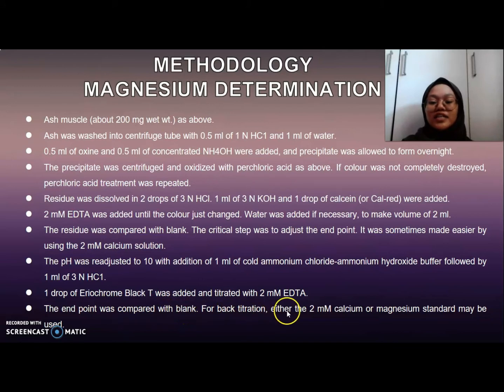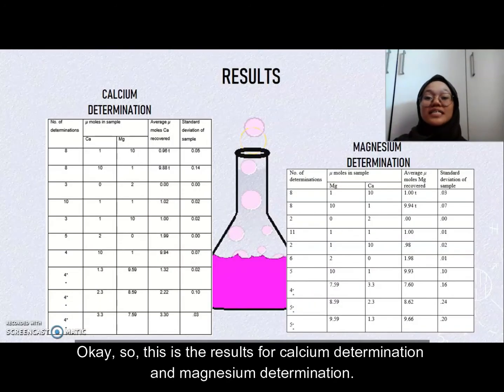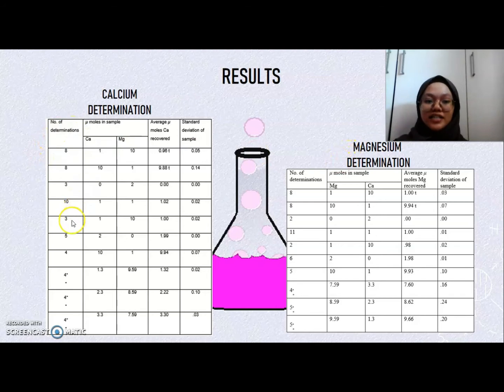For back titration, either the 2 millimolar calcium or magnesium standard may be used. Okay, so this is the result for calcium determination and magnesium determination. There are a number of determinations, micromoles in sample, calcium and magnesium, where the ratio is 1 to 10 and 10 to 1.